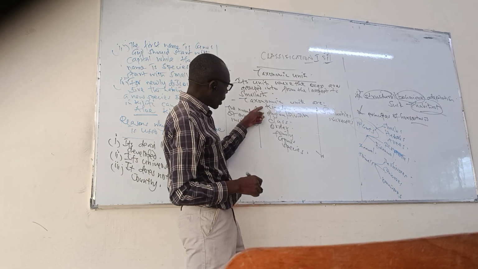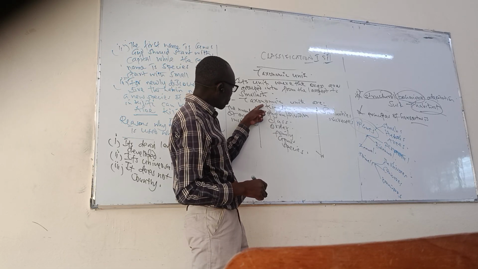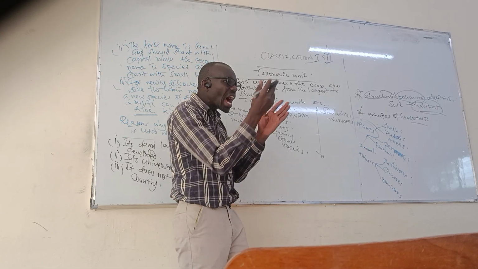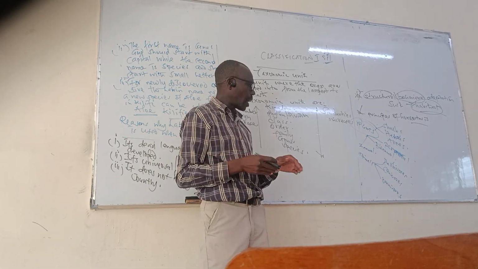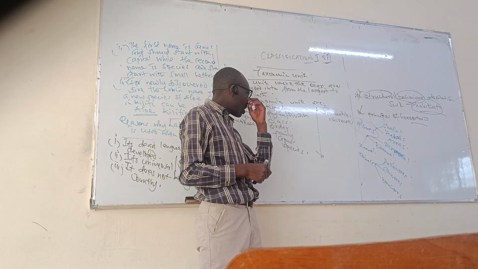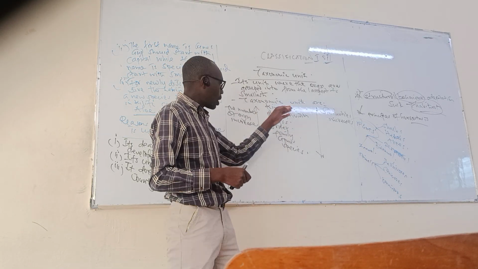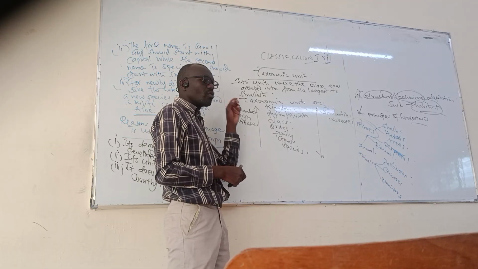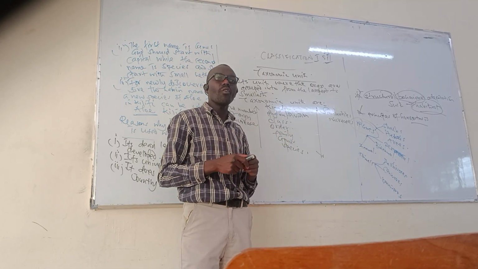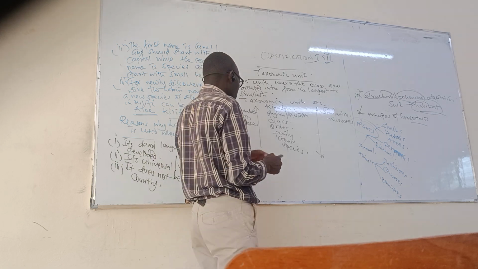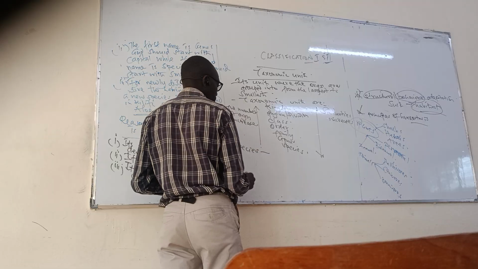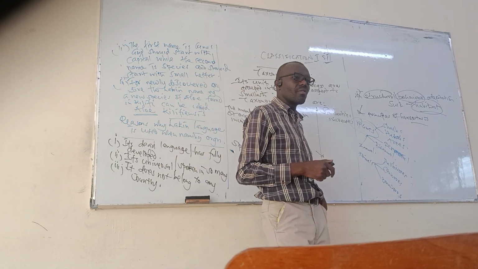When you compare kingdom, class, and family, as you move down, the organisms from the same family have closer similarities. As you go to the genus, they are almost the same. So as you go down, the similarities increase. But as you move upward, the number of organisms increases, meaning that the kingdom has the largest number of organisms. Now, this takes us to the next part where we will discuss what a species is.